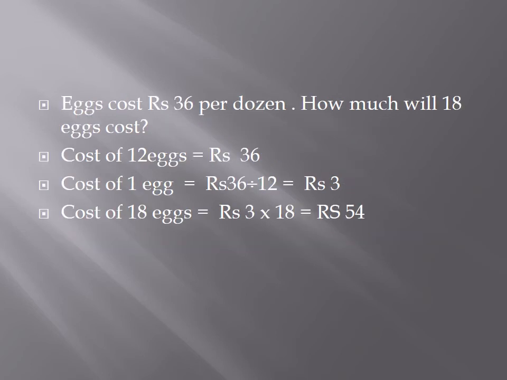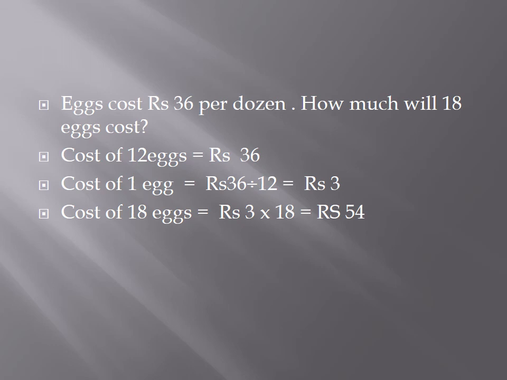Let us see one more example. Eggs cost rupees 36 per dozen. How much will 18 eggs cost? Per dozen means 12. 1 dozen is equal to 12 eggs. The cost of 12 eggs is equal to rupees 36.